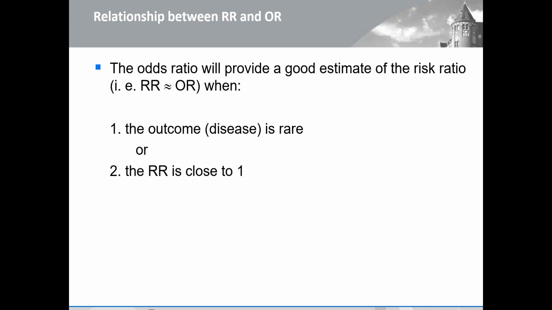Is there a relationship between relative risk and odds ratio? Remember, relative risk, we use it for cohort studies where there's an element of follow-up. For case control studies and for cohort studies, it's the same 2x2 table.